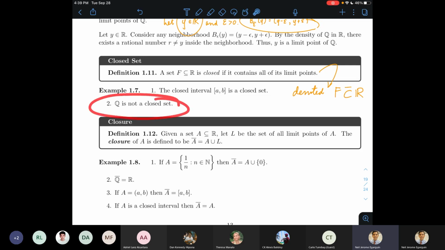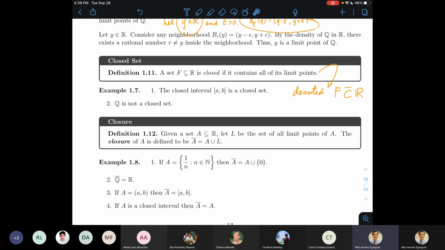However, the set of rational numbers is not a closed set. Kasi meron siyang mga limit points na hindi rational number. As we have proven earlier, lahat pala ng real numbers ay limit points ni Q. So, ibig sabihin, square root of 2 is a limit point of Q, but square root of 2 doesn't belong to Q, right? So that makes Q not a closed set, right?